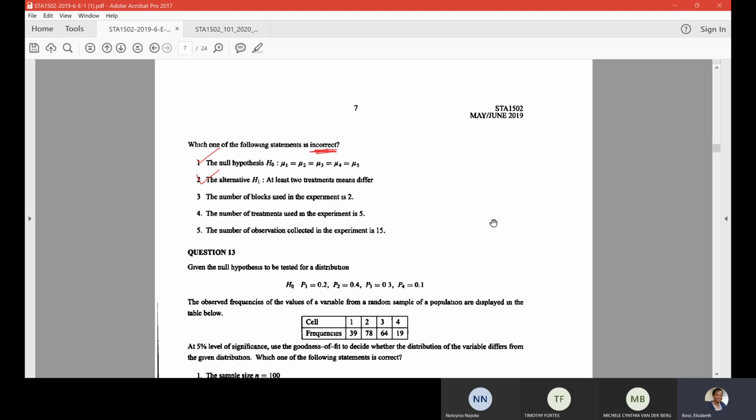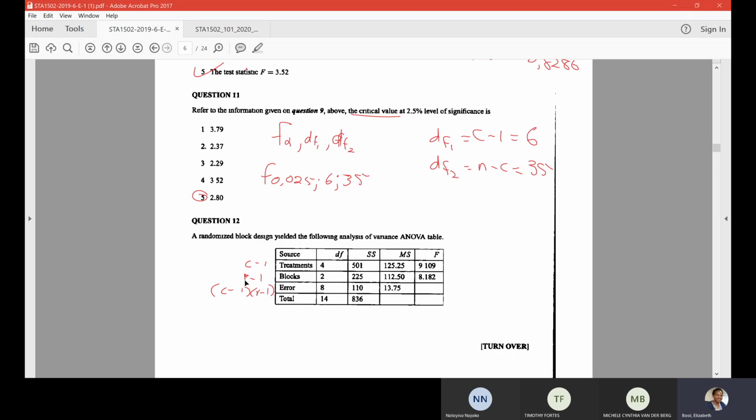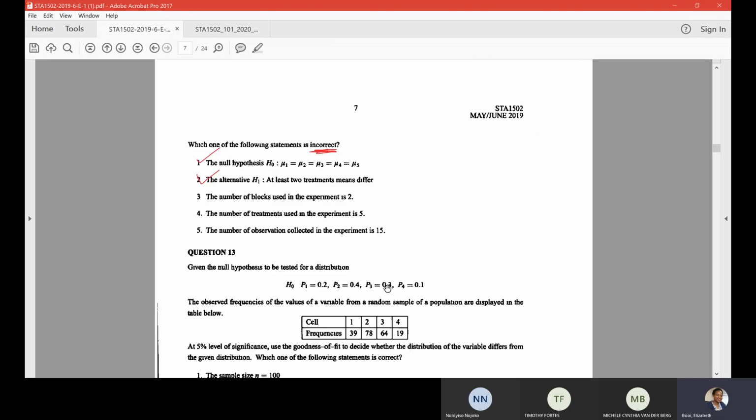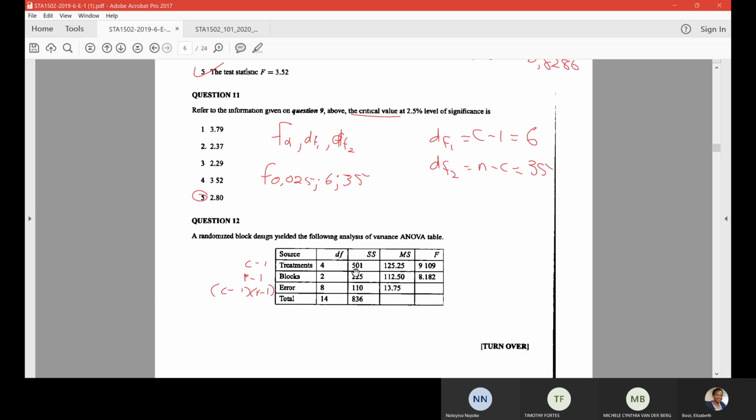Okay. So how many blocks would we have? If R is our number of blocks and the blocks degrees of freedom is 2, what will be the number of blocks? The number of blocks will have been 3, because R equals 3, and 3 minus 1 will give us 2.